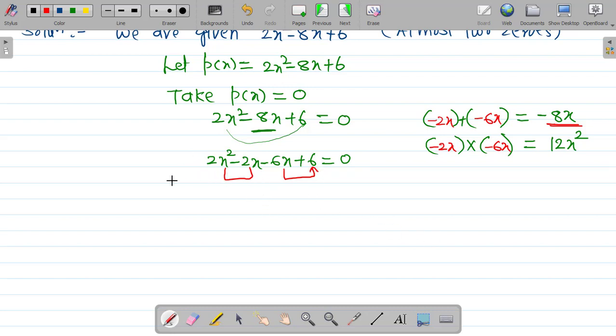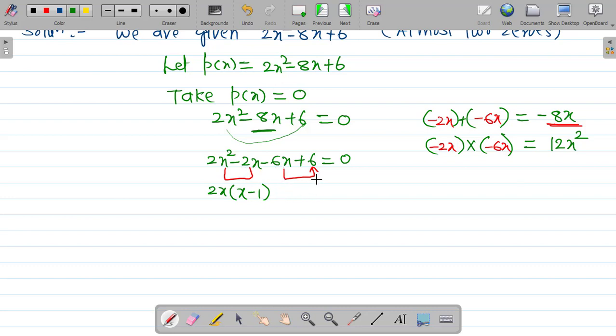See, from the first 2 terms, we will take 2x common. If we take 2x common here, what are we left with? We are left with x minus 1, because we are taking 2x common.